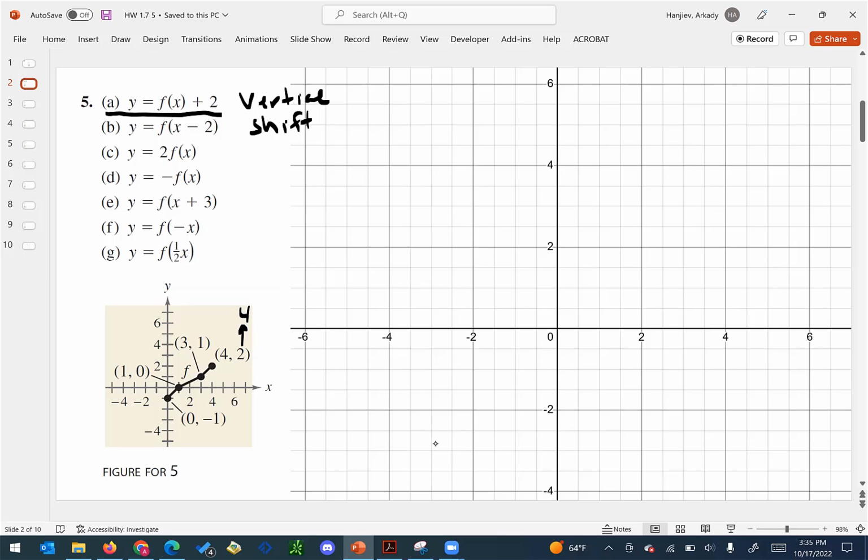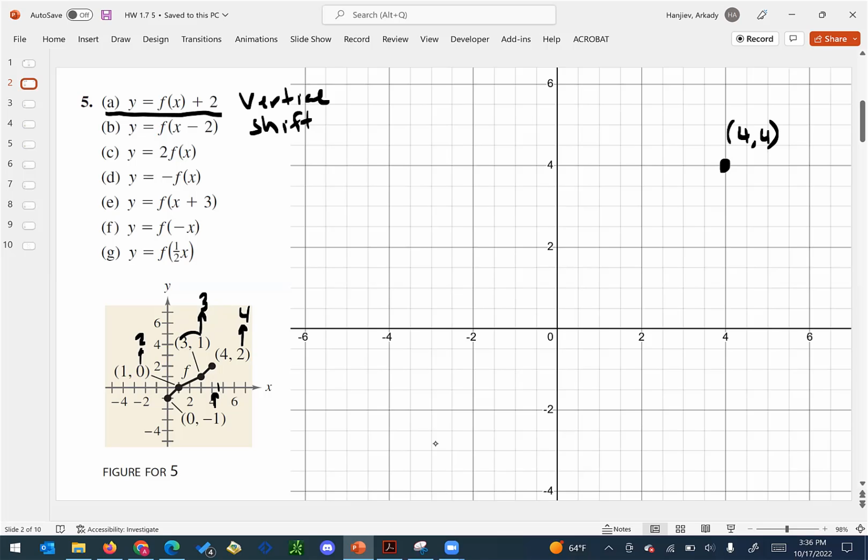Notice what happens if we do vertical shifts, just the y value changes. Add 2 to this one makes a 3. Add 2 to this one will bring it up to 2. This one should bring it up to a 1. So then let's go with it. So 4, 4 should be our first point right here. I don't know if you want to label these or not, but as long as you're putting them in.